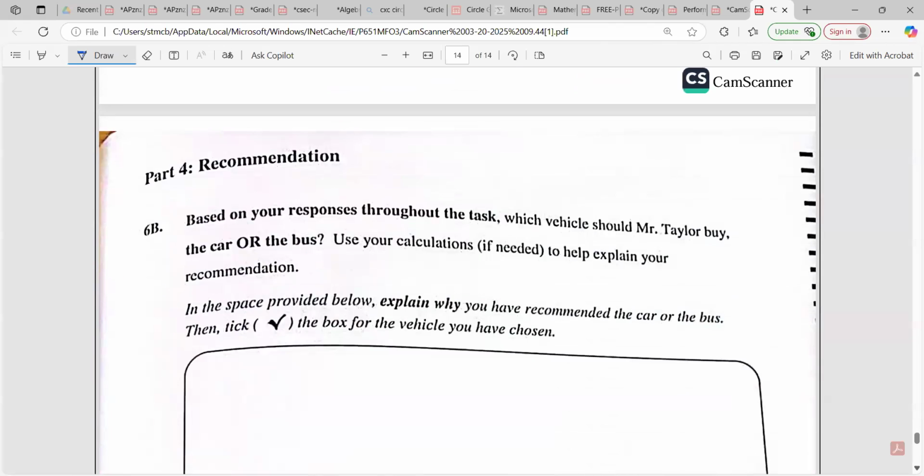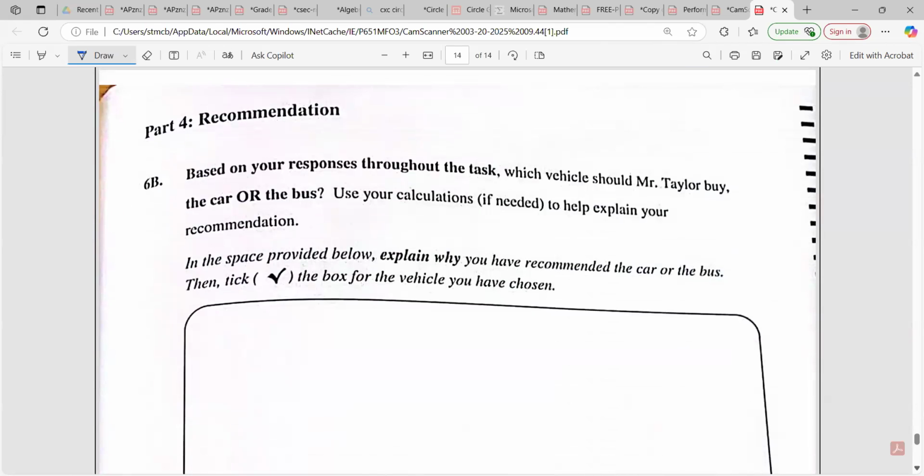A difference of $400. Based on your response, show the diagram. Which vehicle do you recommend? In the space provided, explain who you recommend.